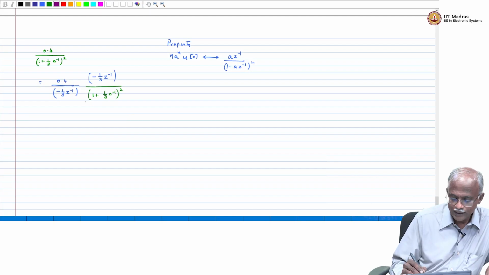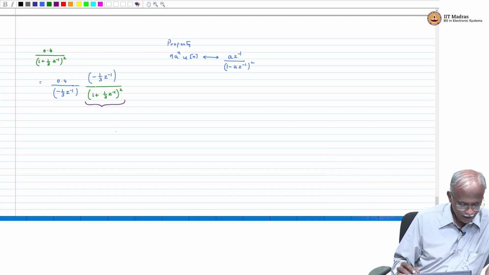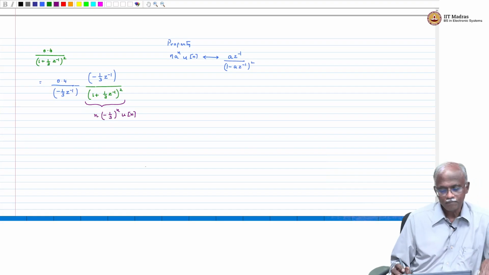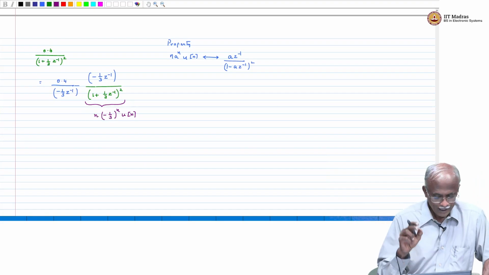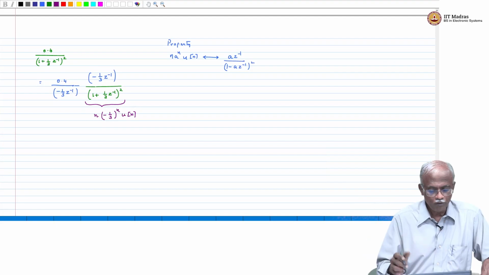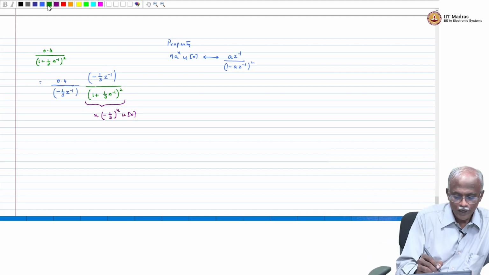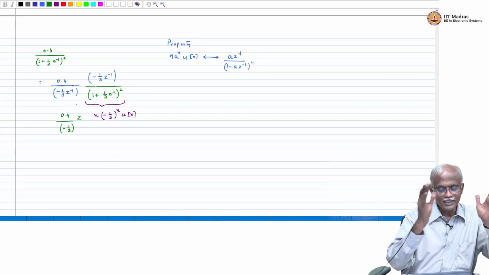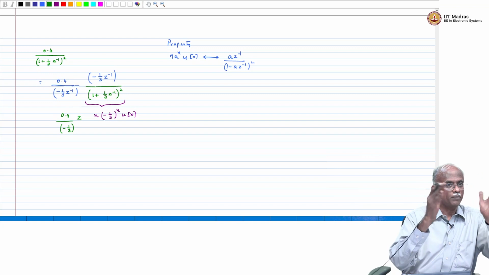Then what we know is that this term corresponds to n times minus 1 by 3 raised to the power n u of n. This 0.4 is a scale factor, and what I have here is a minus 1 by 3 z, where the z comes to the top and becomes an advance operator.